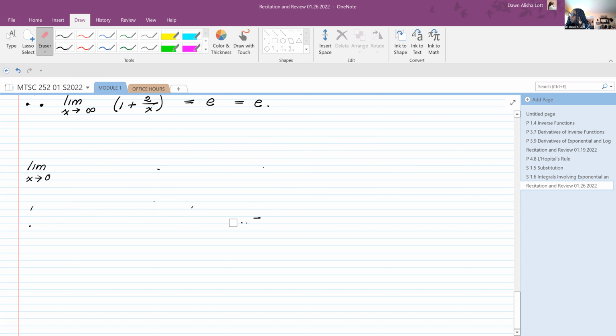So here's one. You want one kind of like that. The limit as x approaches infinity of x to the 1 over the log of x.